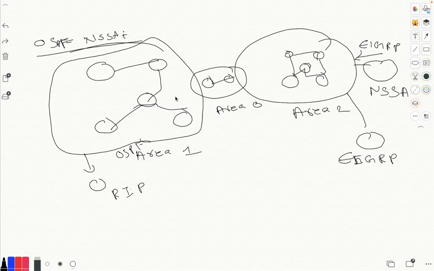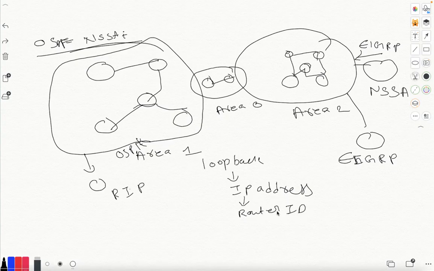Coming to interfaces, the loopback interface is configured with an IP address, and that IP address is used as the router ID.